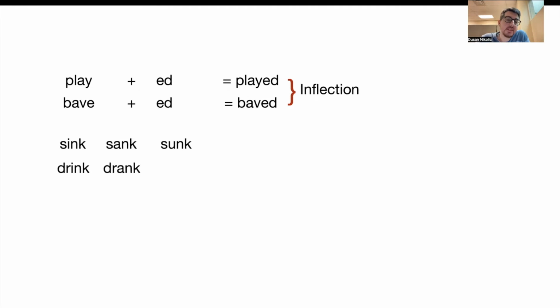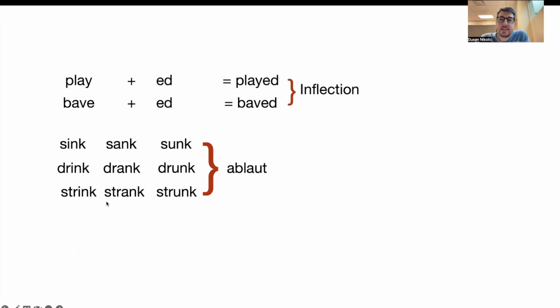But what about sing, sang, sung, drink, drank, drunk, string, strang, strung? Another invented word here. We call this ablaut. It's a German word, where ab means from or off, I think, and laut means sound. It doesn't matter.